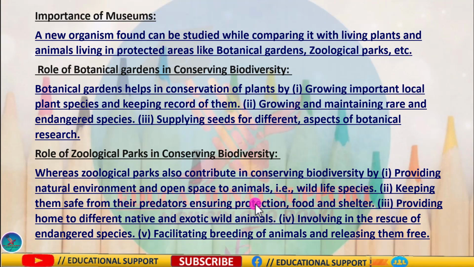They also carry out selective breeding of various plants and animals to maintain the continuity of a particular species. Moreover, proper treatment is available in case some disease afflicts the plants and animals in such parks. Thus, it can be said that botanical gardens and zoological parks play an important role in conserving biodiversity.